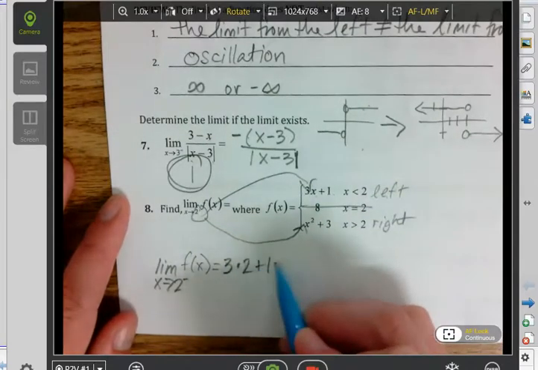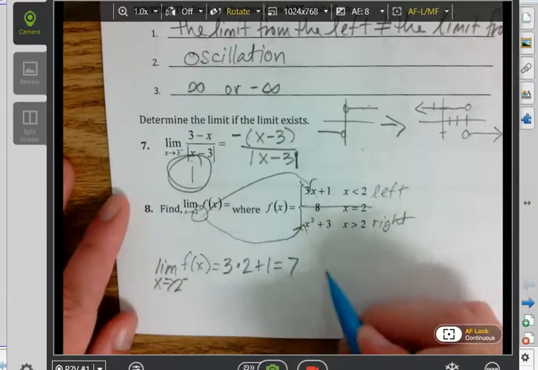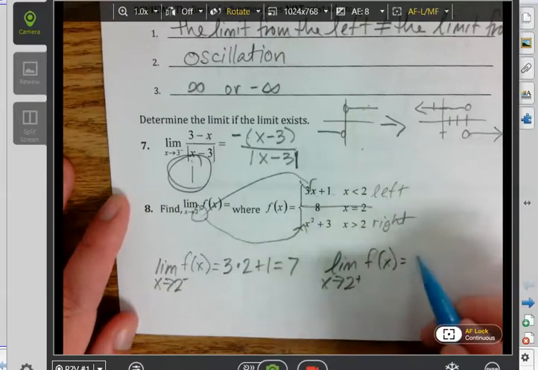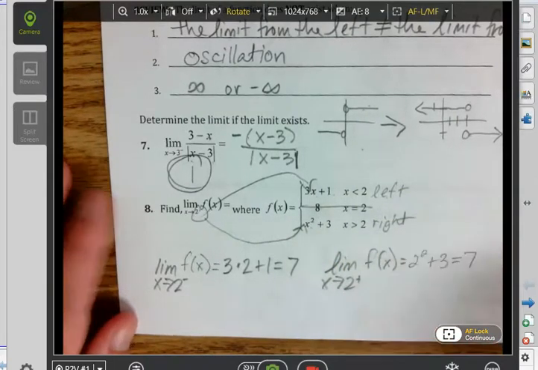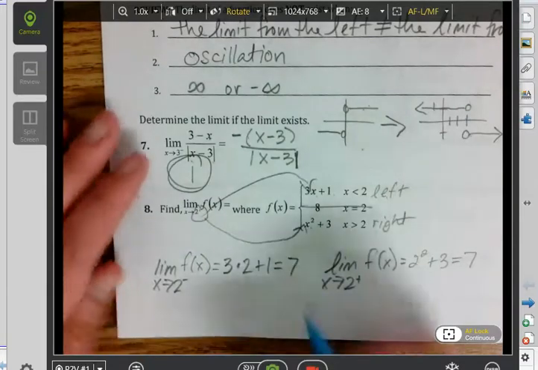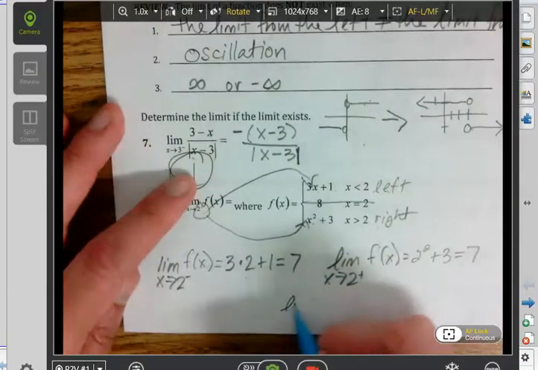What do I get? 7. And the limit as x approaches 2 from the right, this one, 2 squared plus 3, what's that? Okay, so then I can say that the limit as x approaches 2 is what? 7, because the left and the right are the same.